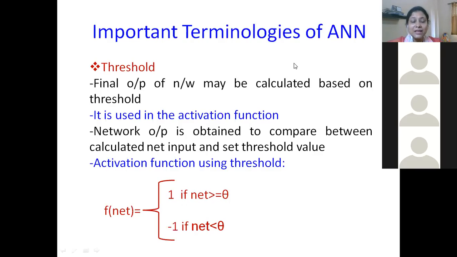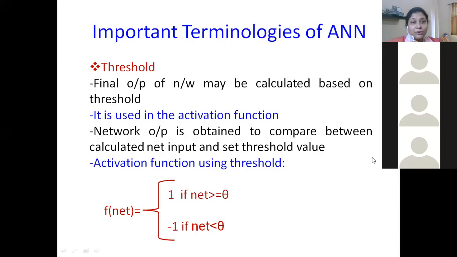So there is a constant comparison between what we want to reach and what we have obtained as the calculated net input, and there lies a strategy or action to be taken in the ANN where we deviate from the threshold value.